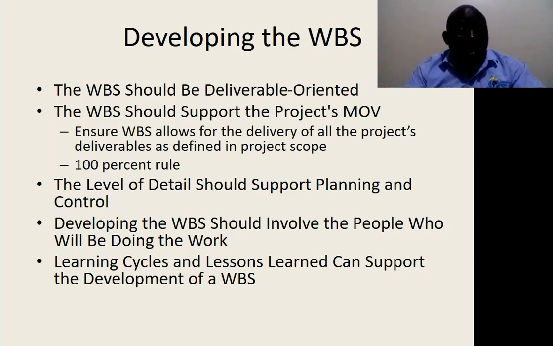The second is that the work breakdown structure supports the project means of verification. You must have the means of verification. Ensure that the delivery of these project deliverables, as defined in the project scope, can be verified. There should be means through which you verify that some of these tangible things are done.